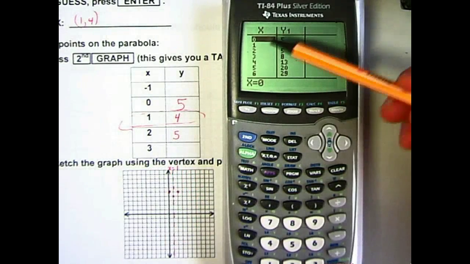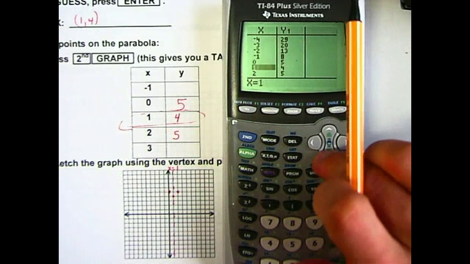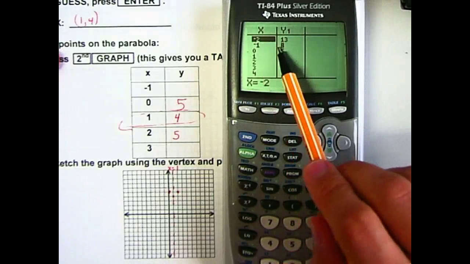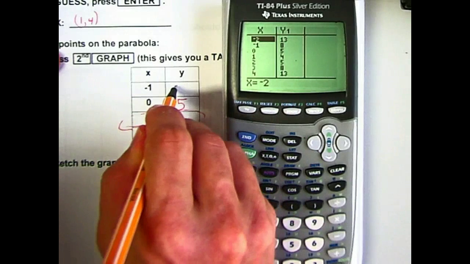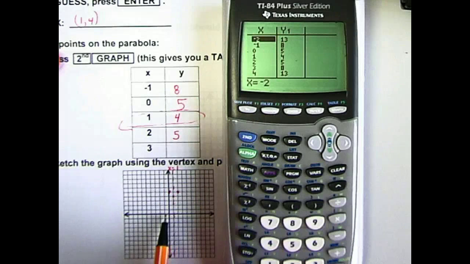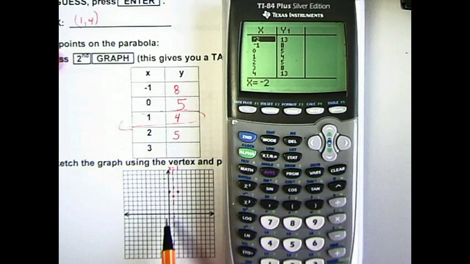Back to the table, you can scroll up and down here to see different values. So we want to look at -1 as well. At -1 it's 8. So it only makes sense that at 3, 1, 2, 3, that's 2 spaces away from my line of symmetry, just like this was 2 spaces away from my line of symmetry.